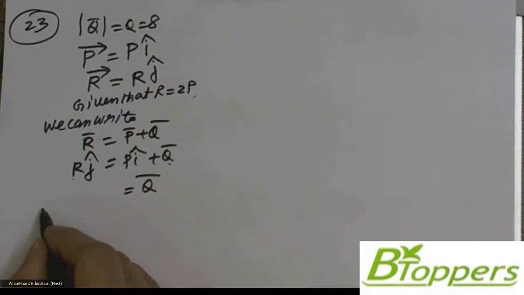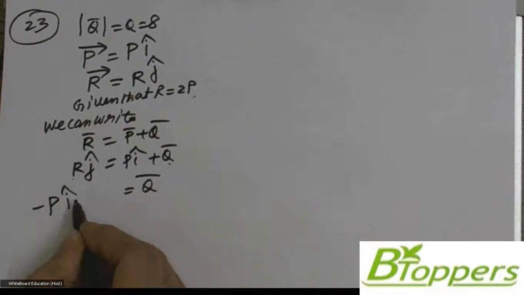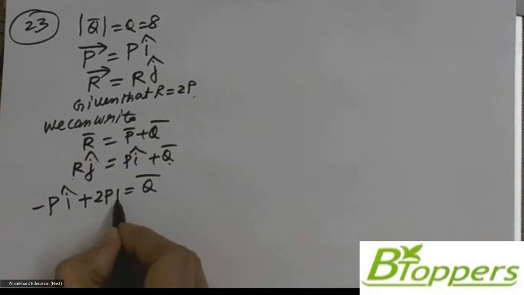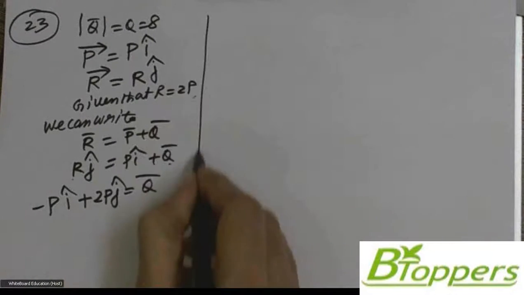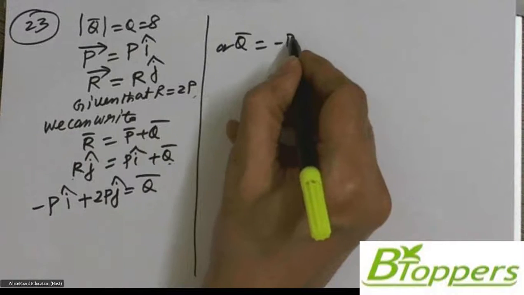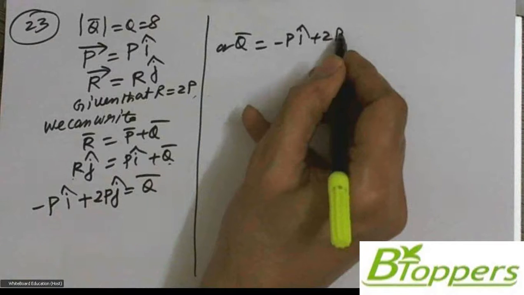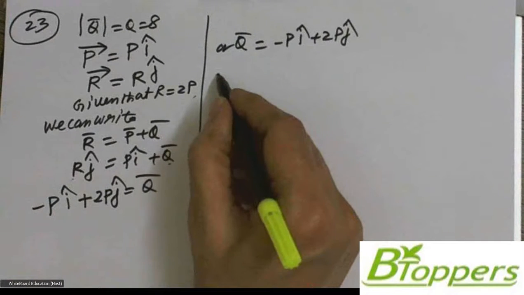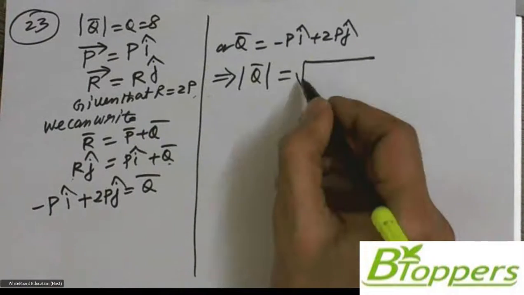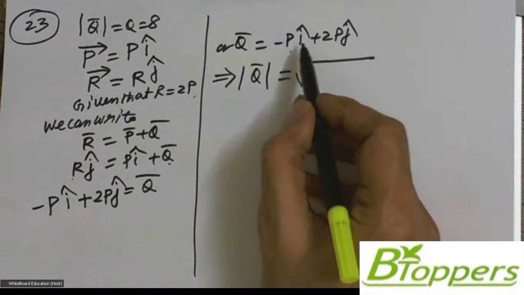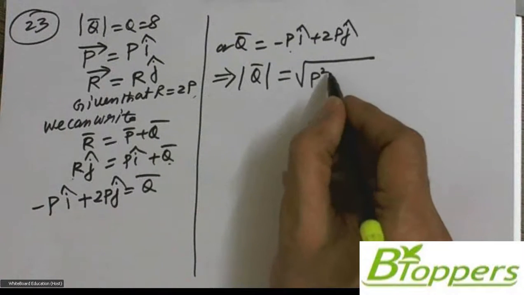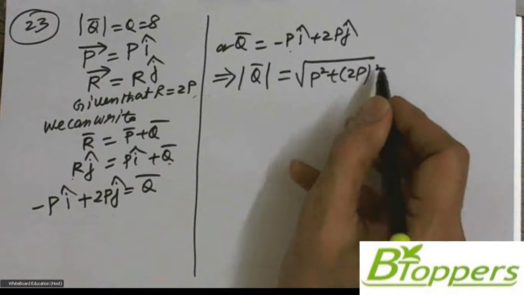So Q bar can be written as minus P i cap plus R j cap. R can be written as 2P. That means Q bar you can write minus P i cap plus 2P j cap. So from this you can write magnitude of Q bar equal to the square root of the sum of the squares of its two rectangular components along x and y axis, that is P square plus 2P whole square.